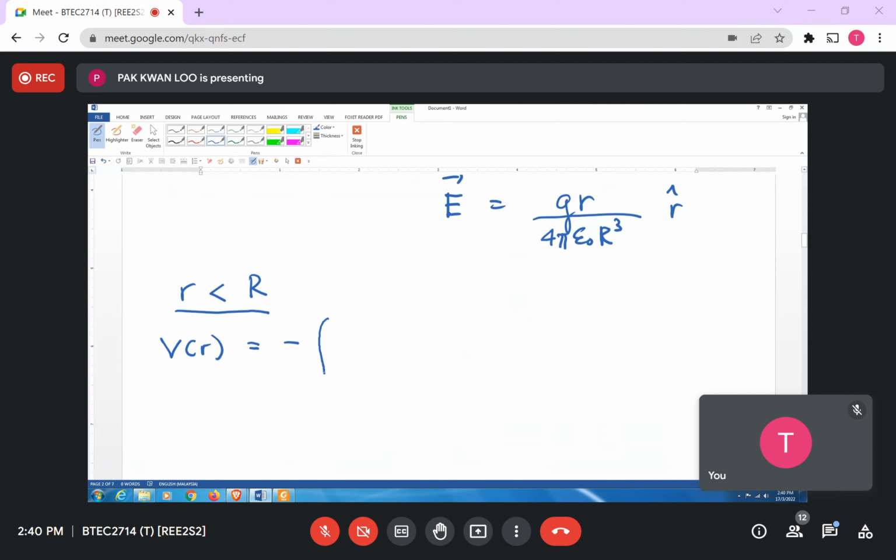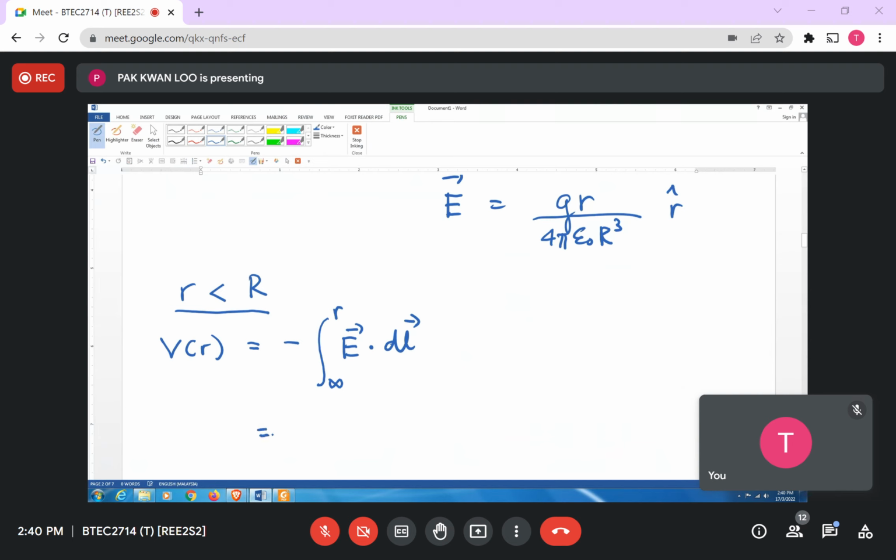negative, okay, from infinity to r, to a position r which is inside the sphere.